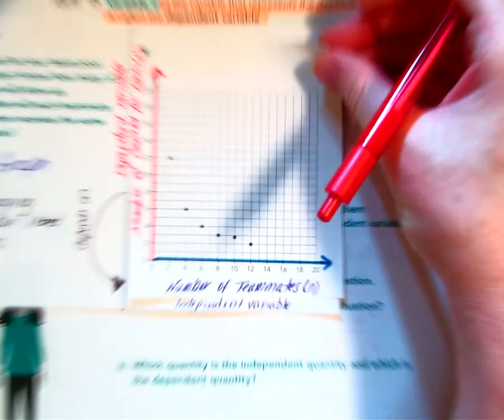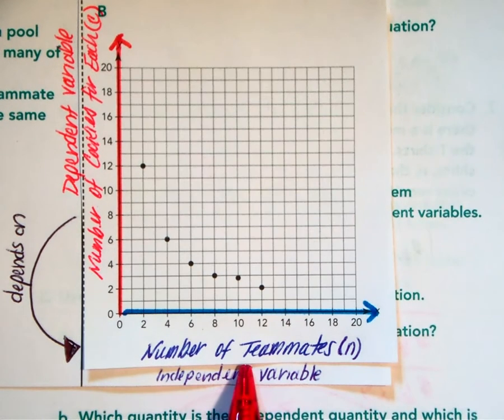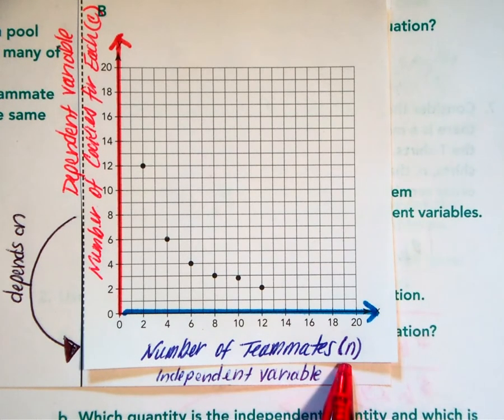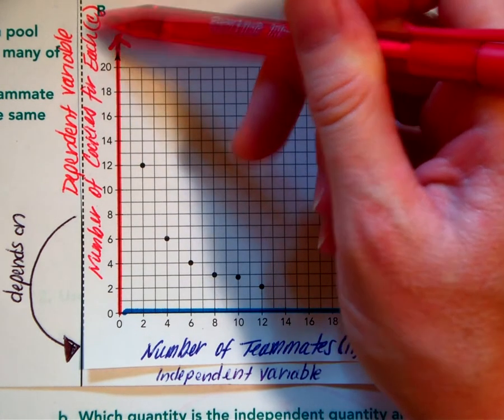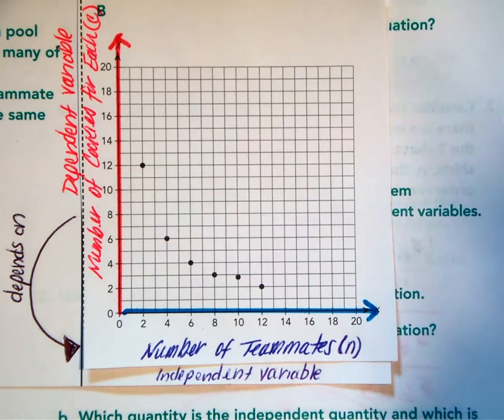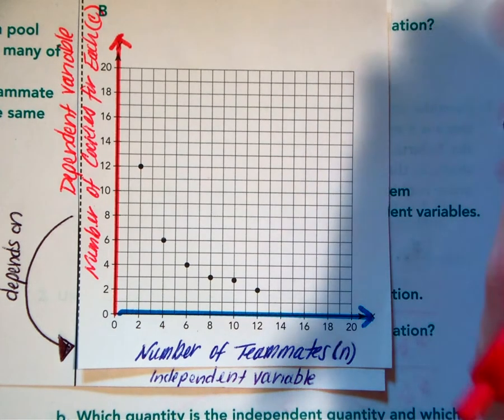Nope, other way. I want you to be able to see it all. So number of teammates is represented by the variable N. It's the independent variable. And the number of cookies for each teammate is represented by the variable C, and it is the dependent variable. Don't lose this information. You'll need it for the follow-up questions.